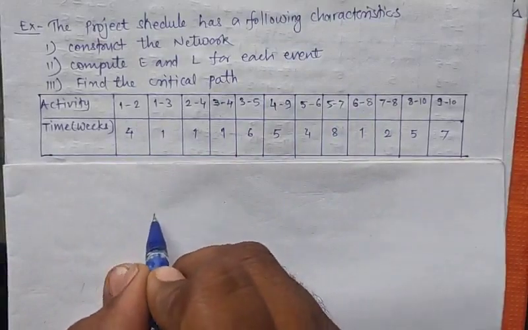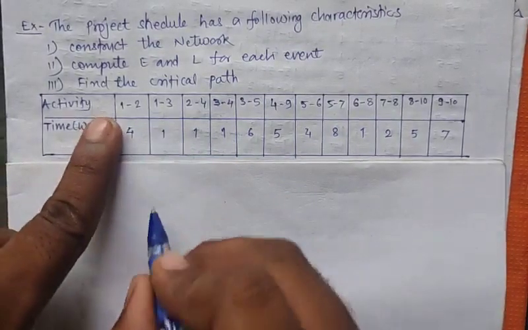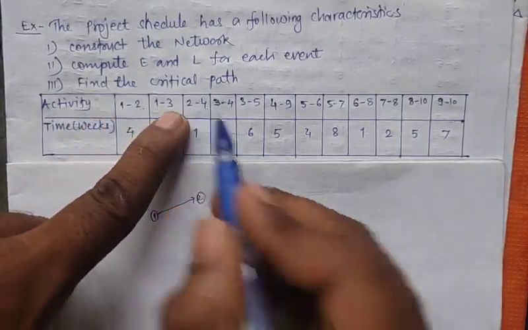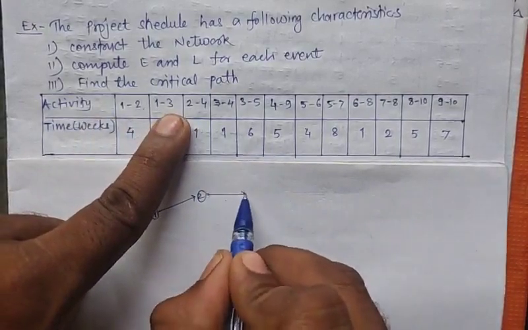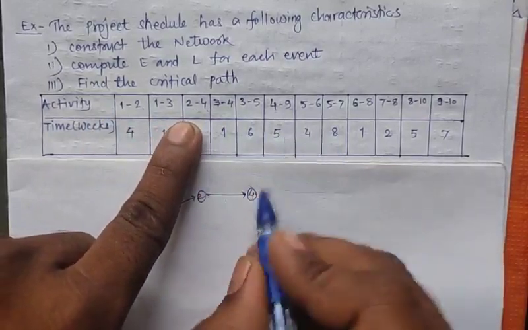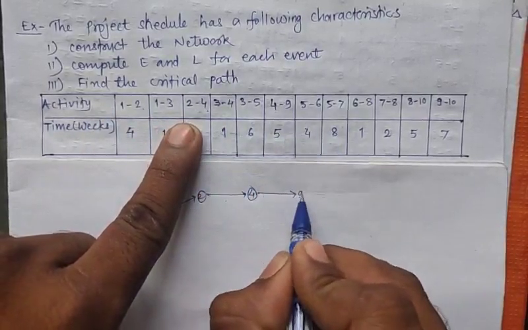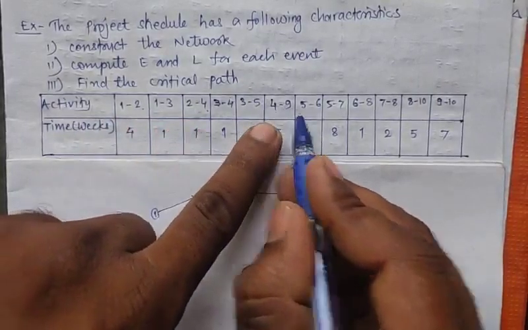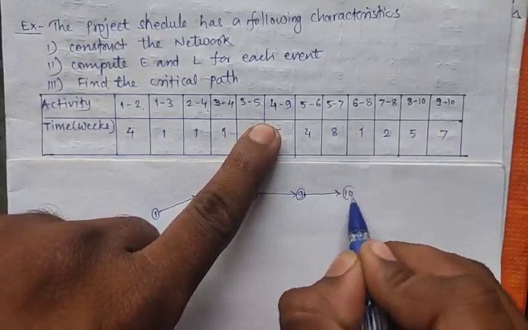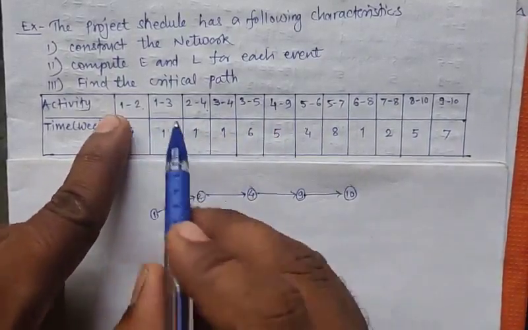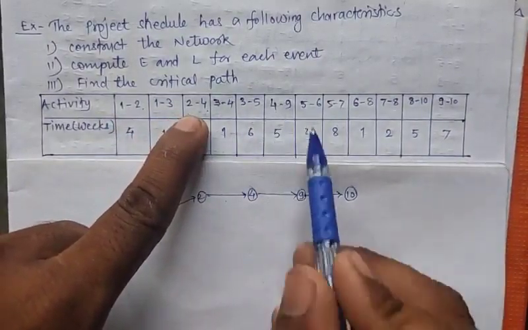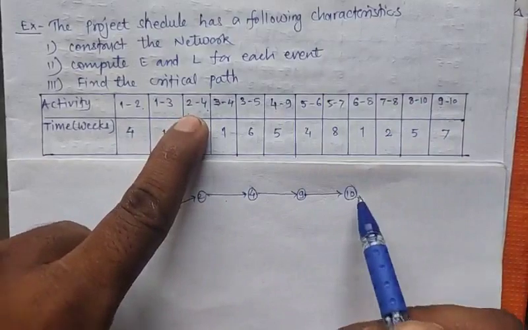Here this is the first event. 1 goes to 2, then 2 goes to 4. Next, 4 goes to 9, and 9 goes to 10. So 1 to 2, 2 to 4, 4 to 9 and 9 to 10 are done.